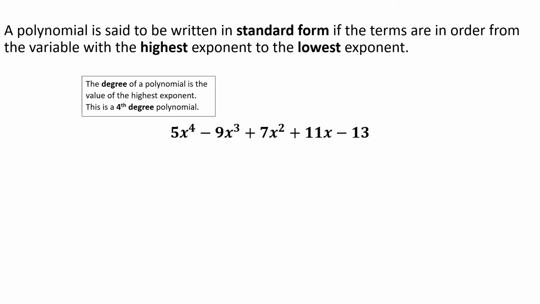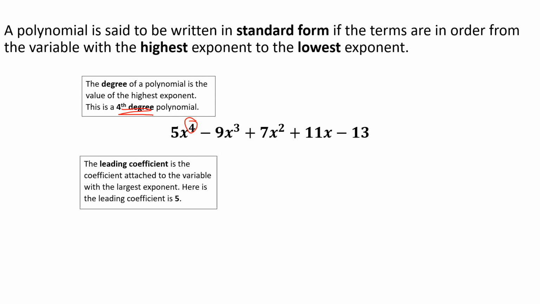Now, speaking of exponents, the degree of a polynomial is just the value of the highest exponent. Here, our highest exponent is a 4, which makes this a 4th degree polynomial. That first term is also very important. That leading coefficient is the coefficient attached to the variable with the highest exponent. So in this case, our leading coefficient is a 5.